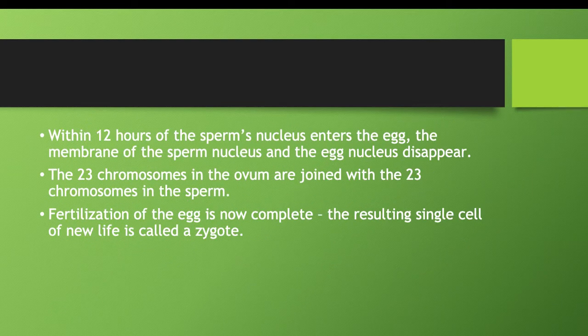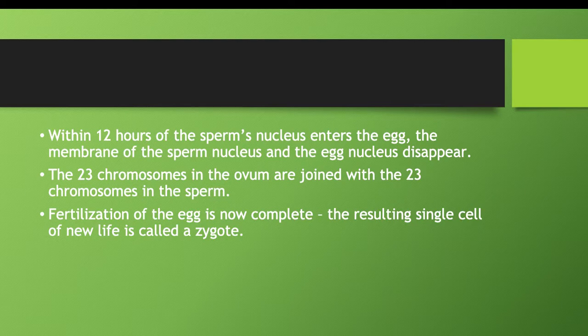Within 12 hours of the sperm's nucleus entering the egg, the membrane of the sperm nucleus and the egg nucleus disappear. So within 12 hours of the sperm and egg coming together, their nuclei disappear. The 23 chromosomes in the ovum are joined with the 23 in the sperm.